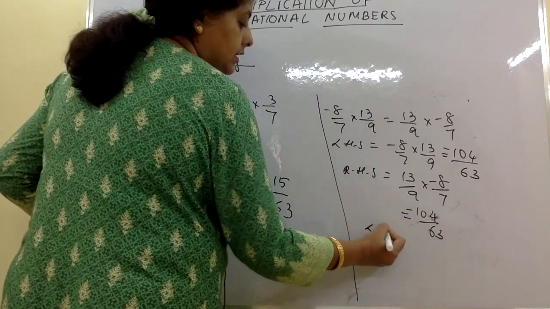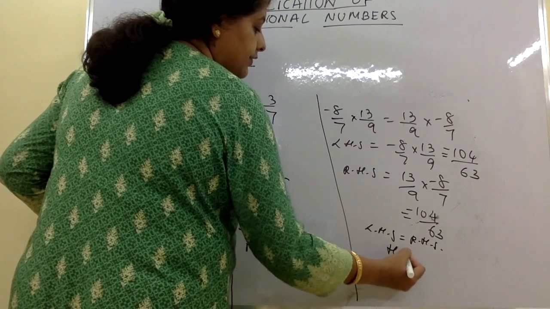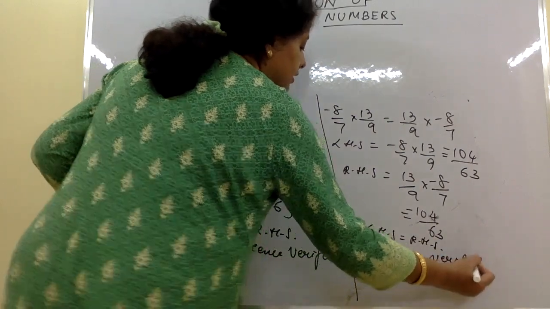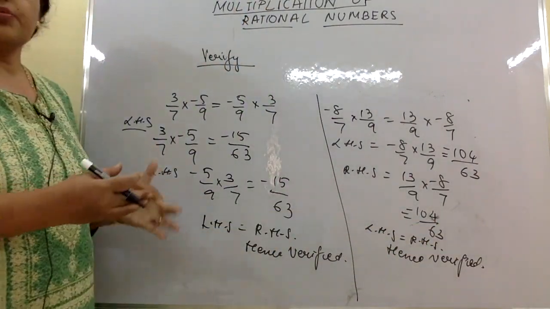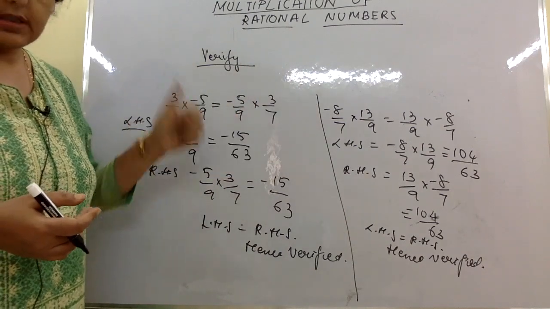Therefore LHS is equal to RHS, hence verified once again. So this is what we are trying to prove: commutative law in both the sums.